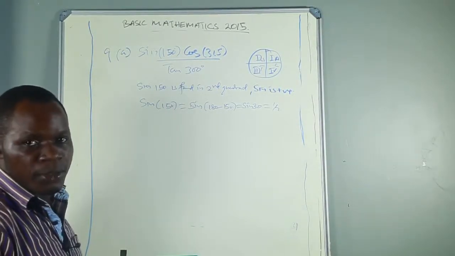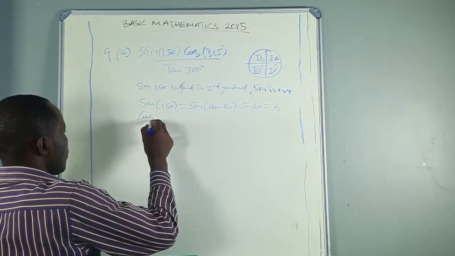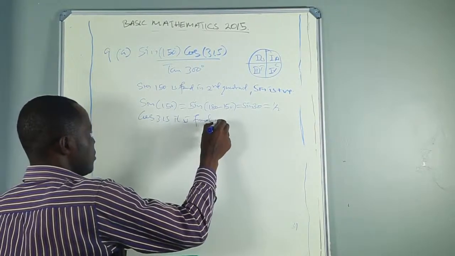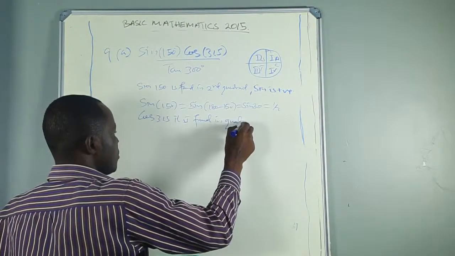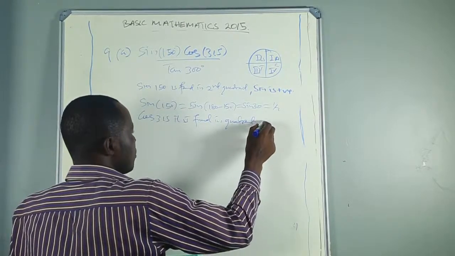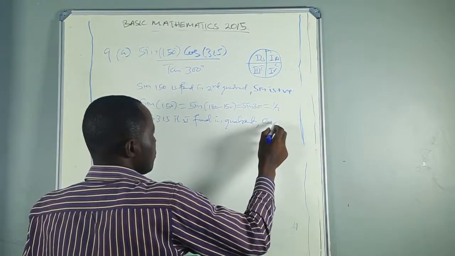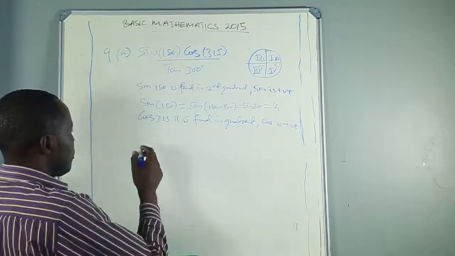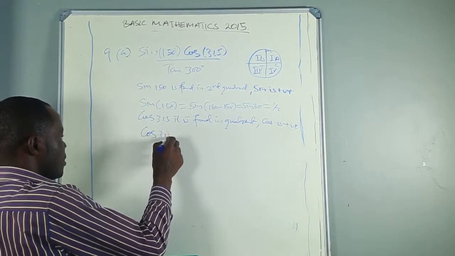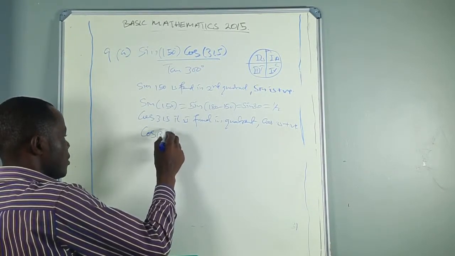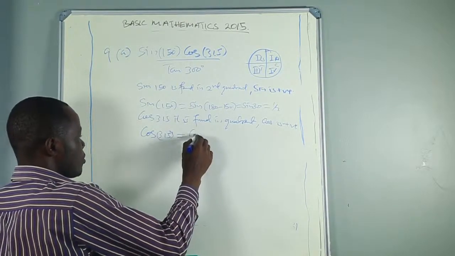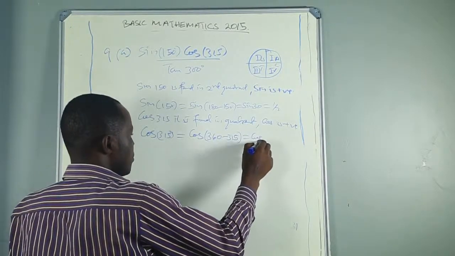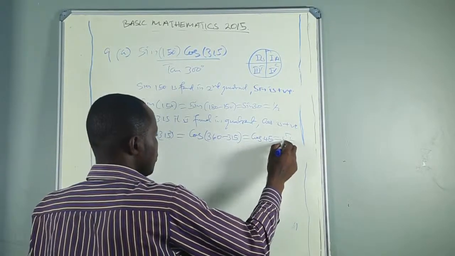Then cos of 315 is found in quadrant 4, where cos is positive. So cos of 315 is equal to cos of 360 minus 315, which is cos of 45, equal to square root 2 over 2.